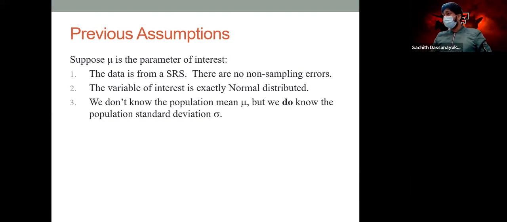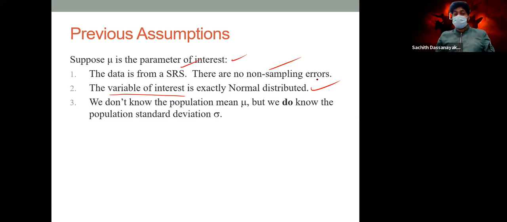Do you remember the previous case? We used a few assumptions for the point estimators or confidence intervals. First, SRS, which means we pick our data using a simple random sample, so there is no sampling error. Second, the variable is exactly normally distributed, which means the population is normally distributed.